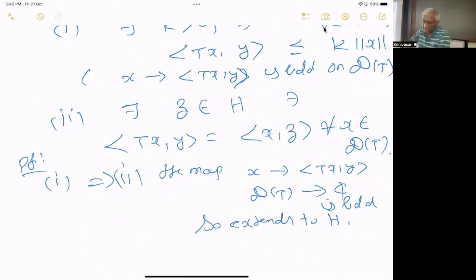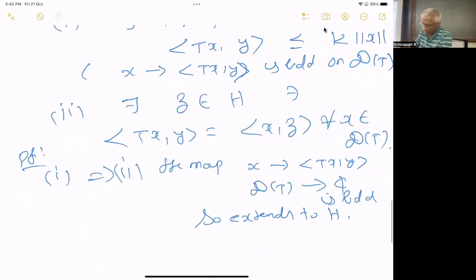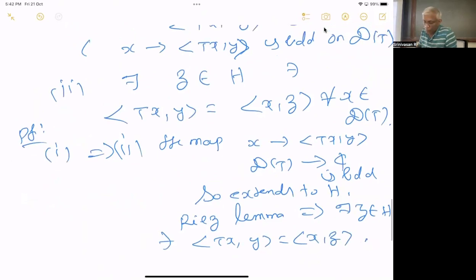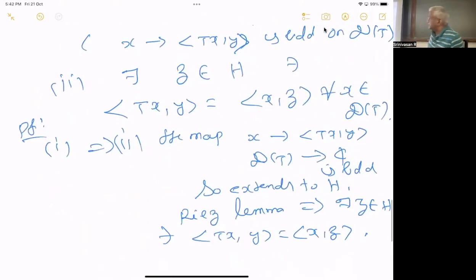So because it extends, the Riesz lemma implies there exists z in H such that that map is actually given by <x, z>. That's all. So 1 implies 2 is clear. It is just the Riesz lemma.